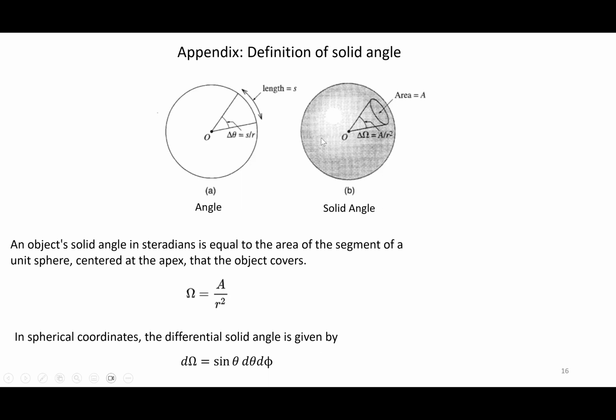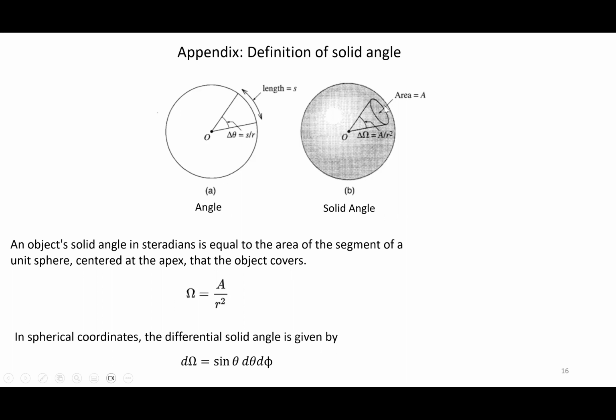So what about solid angle? Now, instead of considering a circle, you consider a spherical surface like this. What I have over here is not two lines, but a cone, with its tip at this point O, opening up like this.